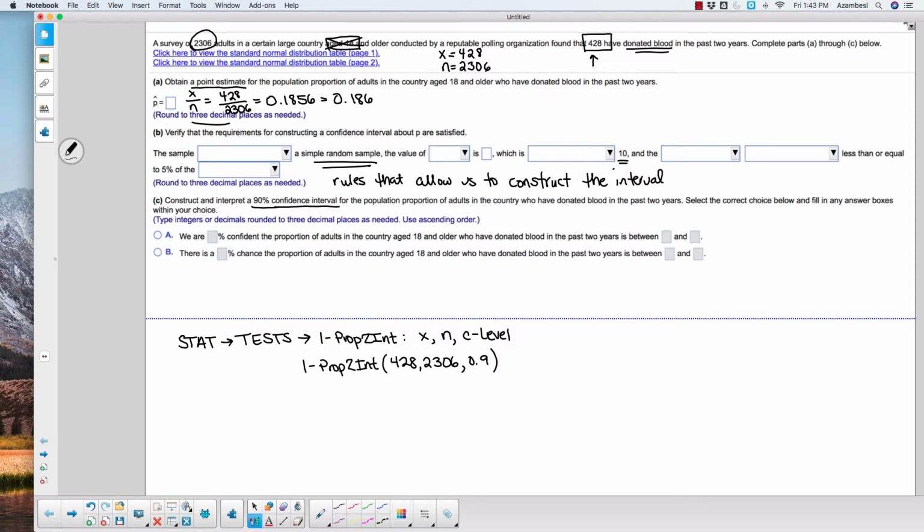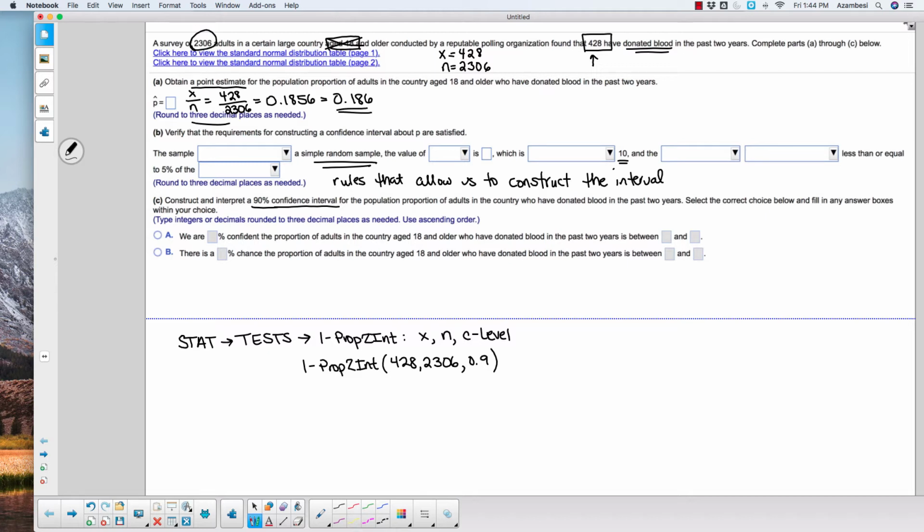And then when I press that, it gives me the confidence interval. Now the confidence interval is going to be based on a proportion, so it does not actually give you counts. You're not expecting something like 312 to 682.